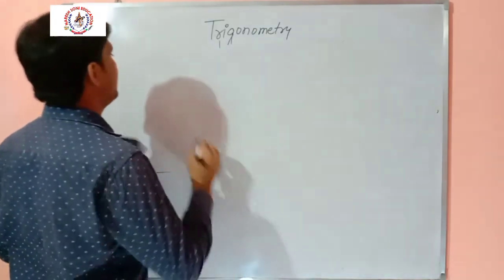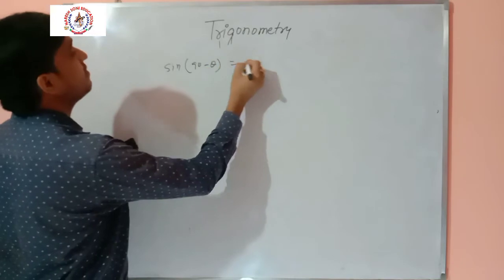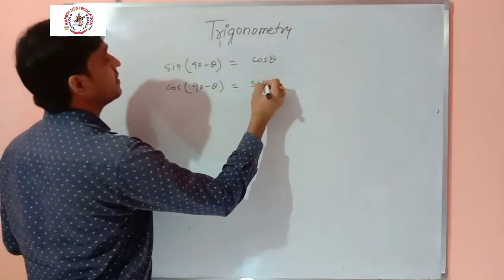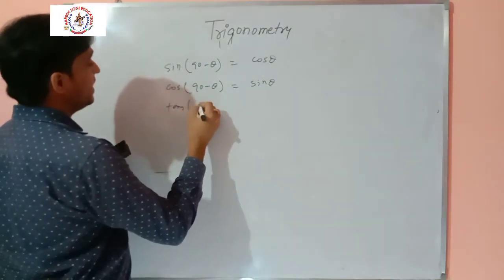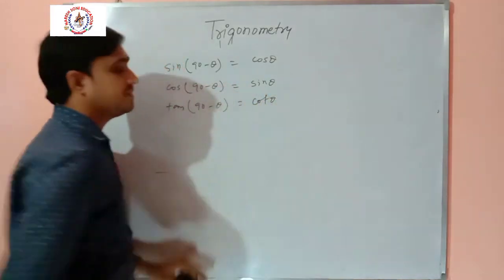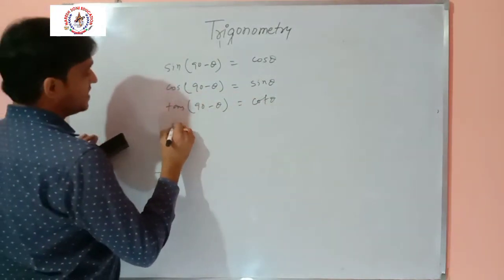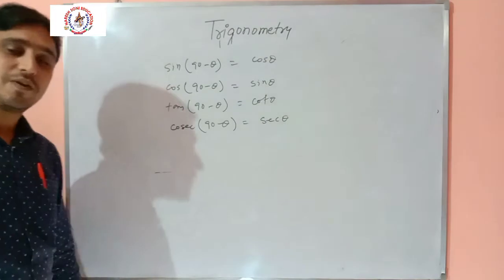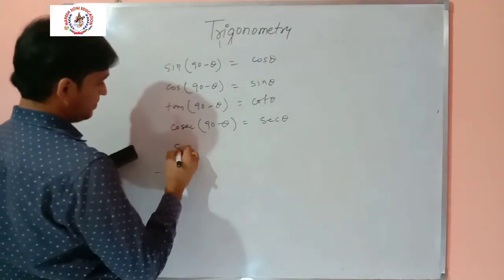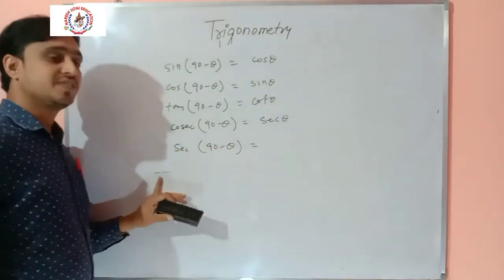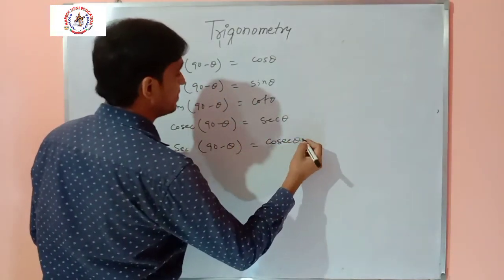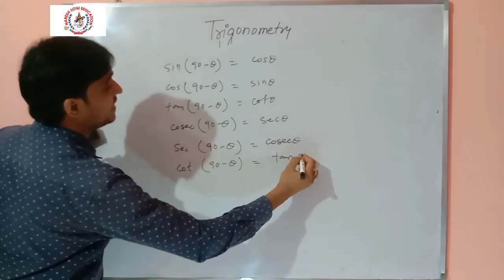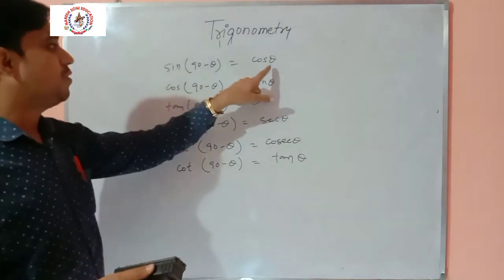Okay, so let's discuss the trigonometric identities of complementary angles. Sine 90 minus theta will be cos theta.